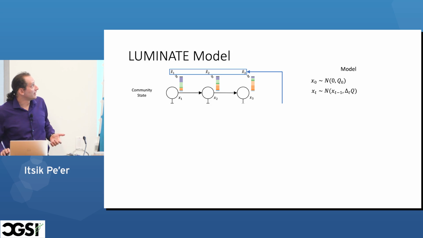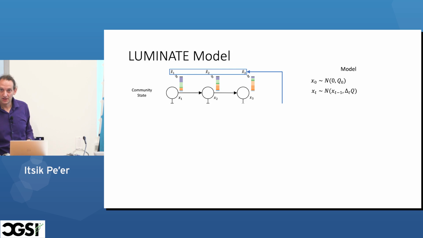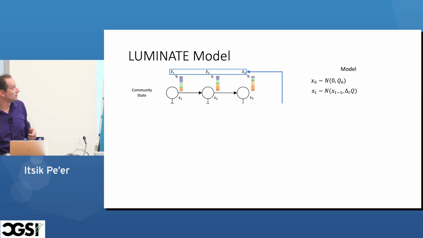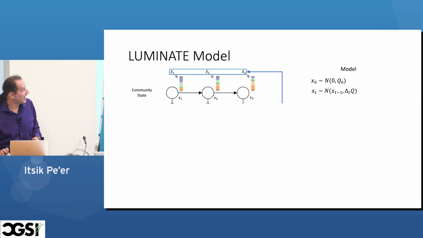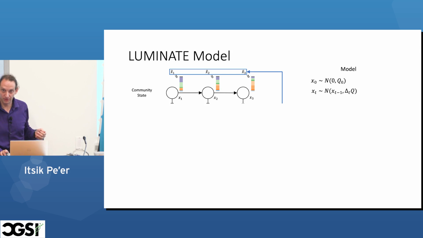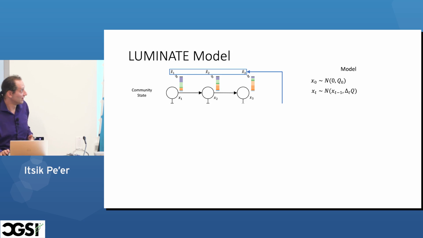So there is a vector at each time point that describes the actual ground truth state of the bacterial community, so how much from each strain or species we have in our sample, and the vector at the next time point is normally distributed around the previous state with a covariance matrix that's scaled by the length of time that had elapsed between these time points.